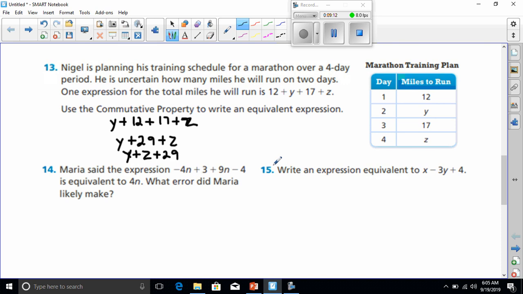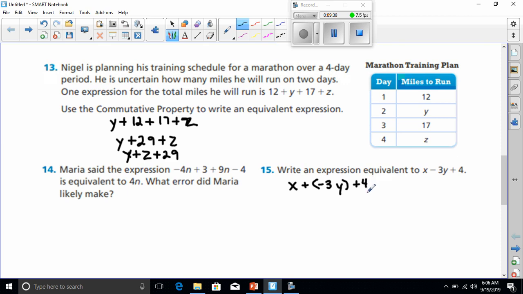I'm going to go to number 15 now. Write an expression equivalent to x minus 3y plus 4. Once again, I can break this down by saying this is really x plus negative 3y plus 4.